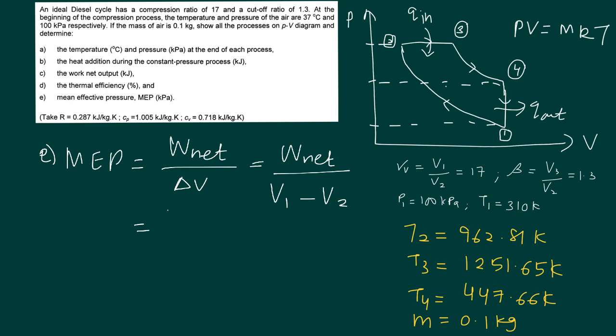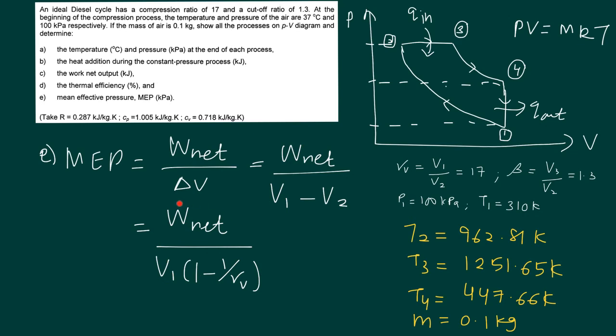Or also you can make use of your work net over V1 times 1 minus 1 over your RV, right? You can make use of either one. If you are using this one, you need to find a volume each. If you are going to use this one, you only need to find the volume at 1.